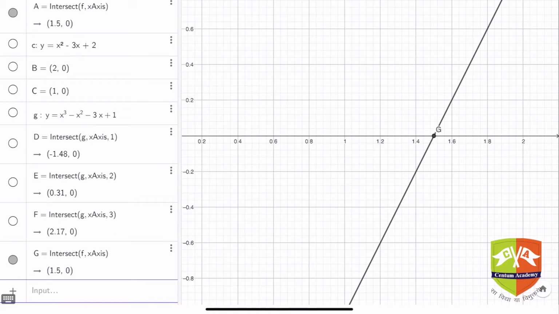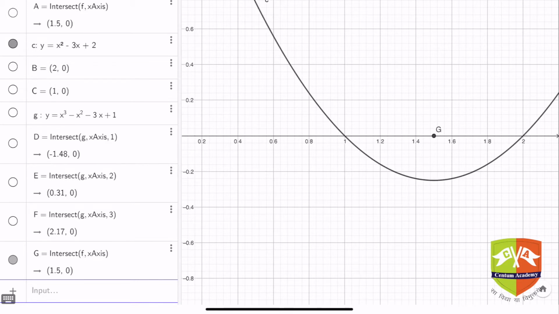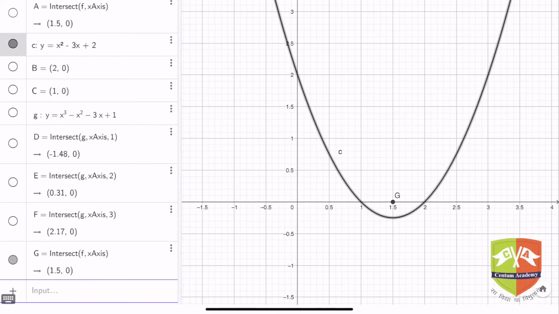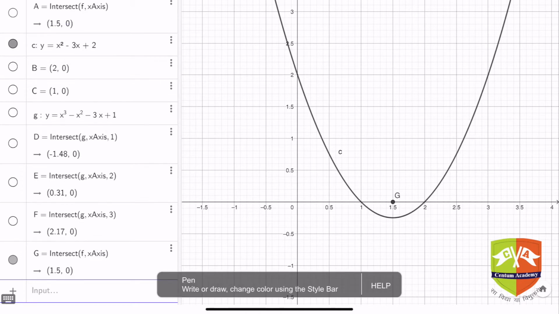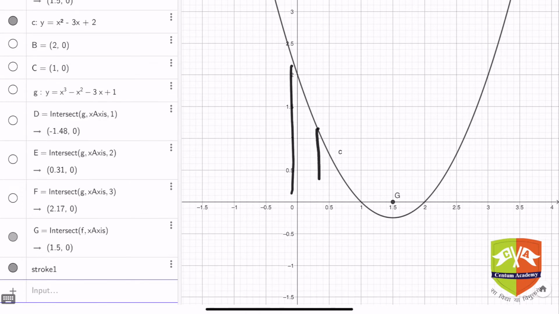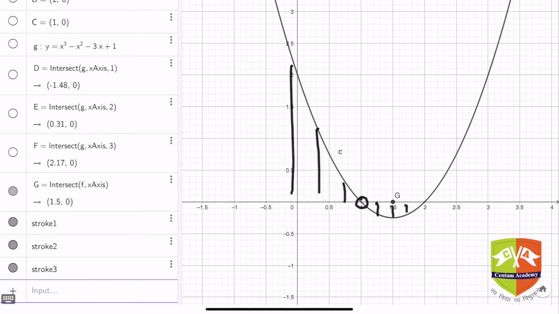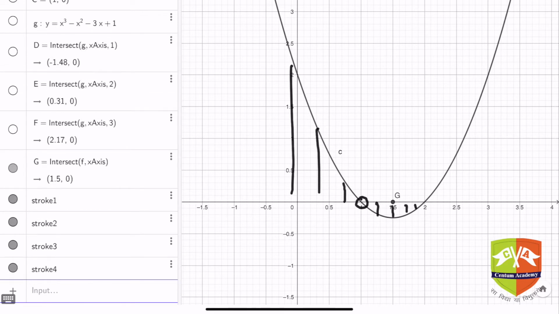Now let us go to a quadratic polynomial and see what it looks like. As x is increasing from the left hand side, from the negative infinity side, the value of y is decreasing, and finally here it is becoming 0, isn't it? Then it goes further down, starts increasing again, hits 0, and keeps on increasing.